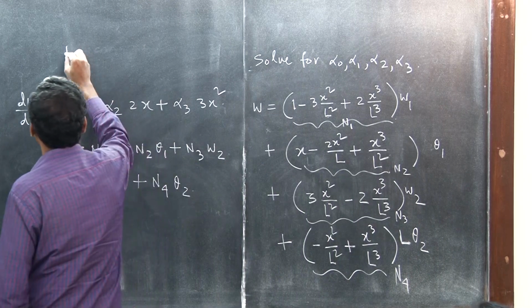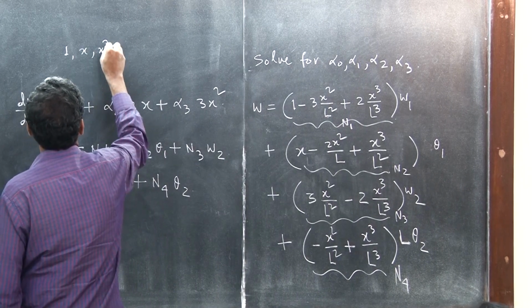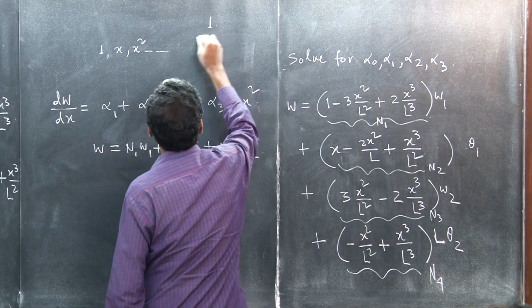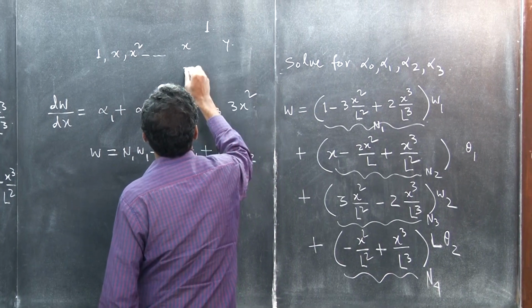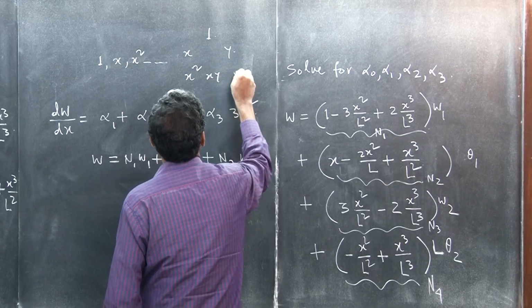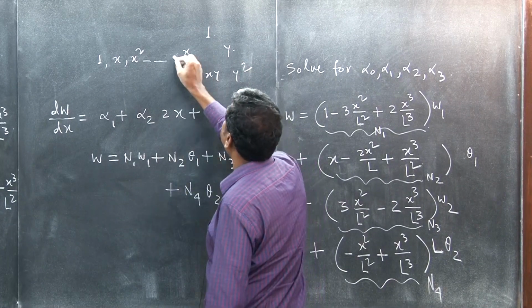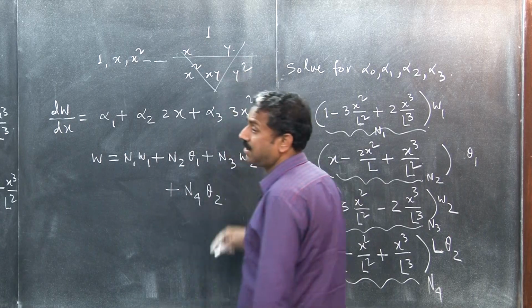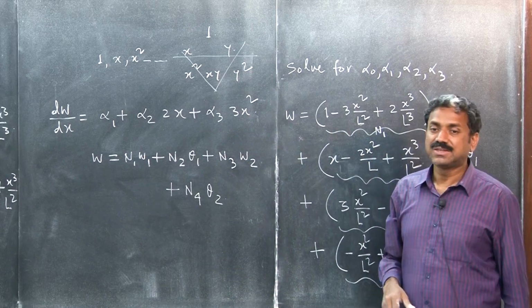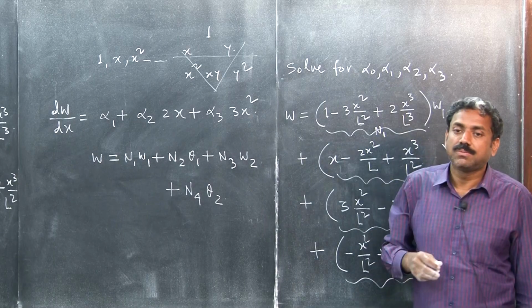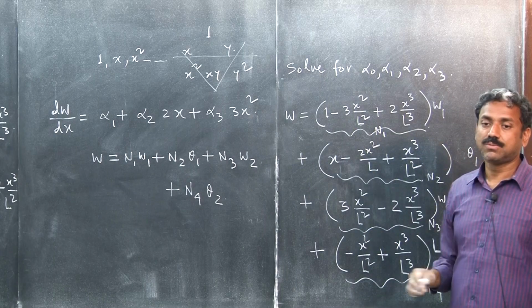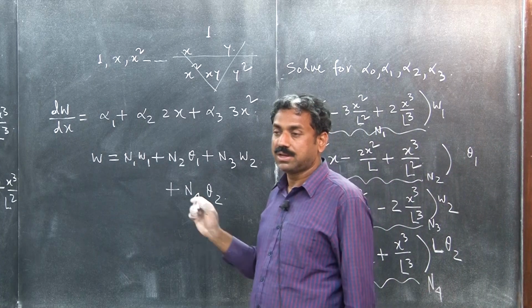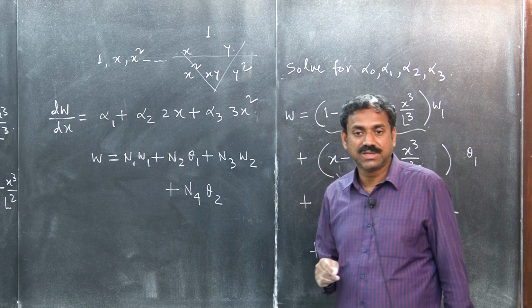In one dimension it should be 1, x, x square, all these terms should be there, and in two dimensions it must have 1, x, y, then x square, xy, y square. If you want 3 terms, it is like that; if you want 4 terms, it should be like that. This is called the Pascal triangle. So it must be a complete polynomial, with a constant term to allow for the rigid body mode. I will discuss more; the rigid body mode is very important in terms of the geometric stiffness matrix, you will see.